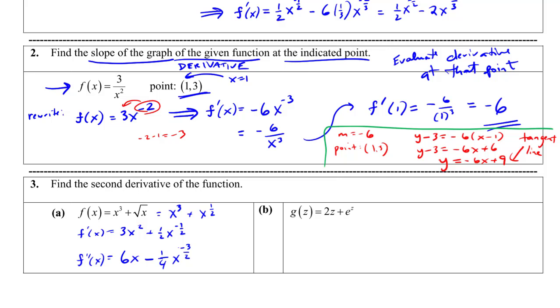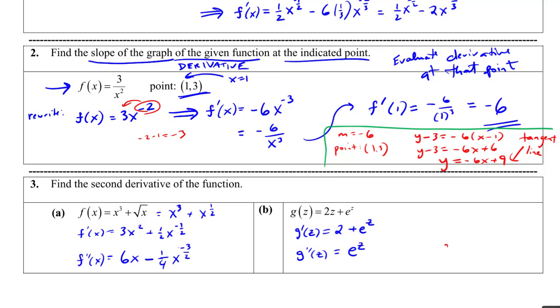So here now, g of z is 2z plus e to the z. G prime of z then is 2 plus e to the z. G double prime of z is 0 because the 2 goes away, plus e to the z. Oh, now this one, I've done what it's been asked for.